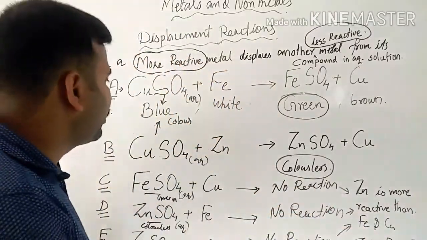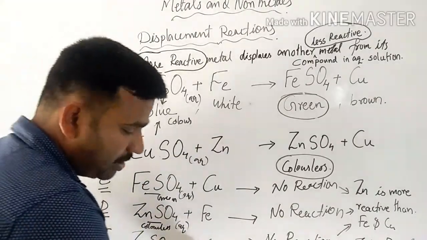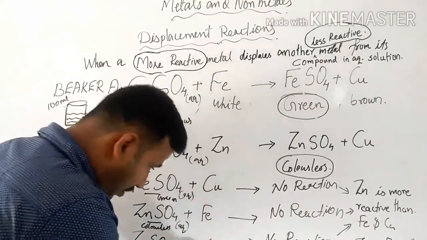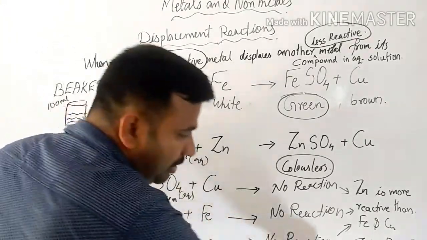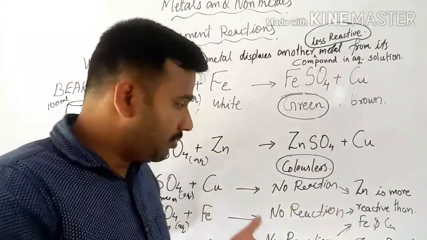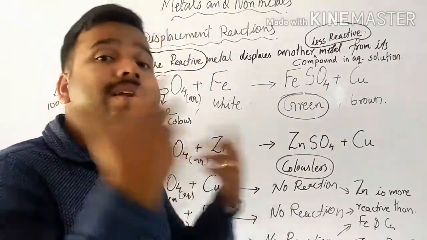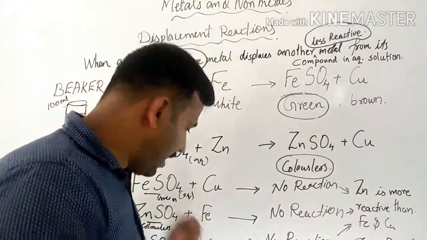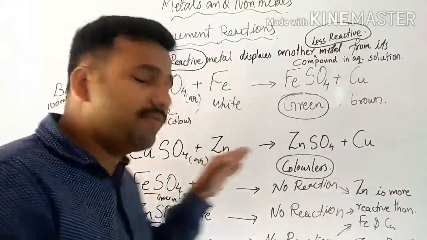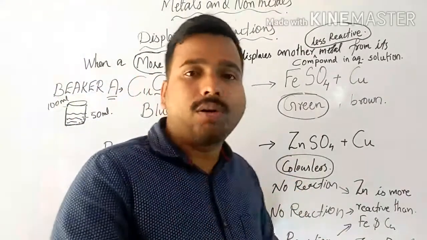We also see that if you place copper in zinc sulfate solution instead of iron, there is no reaction. So zinc metal is stronger, more reactive than iron. As a result, the iron nail cannot displace zinc from zinc sulfate solution, and so there is no reaction.